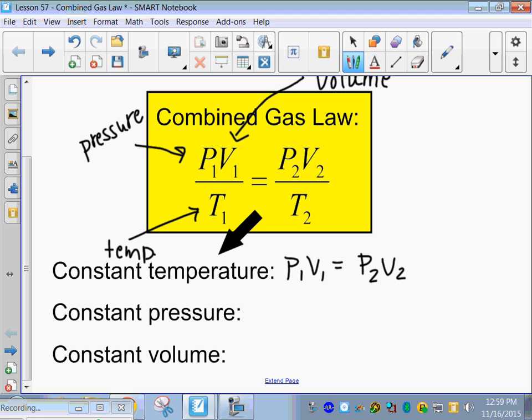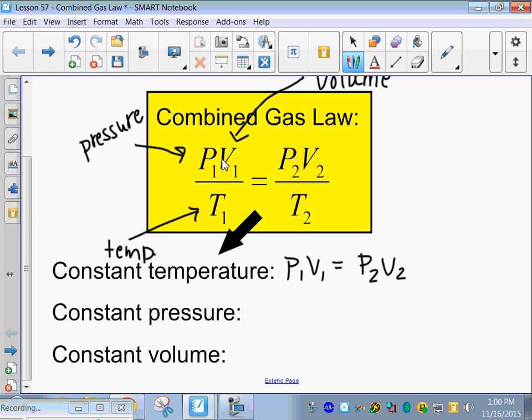The reason for that is if I were to just plug in the same temperature, they would just cancel out. So like if I had over 2 and over 2, if I multiplied both sides by 2, they would just go away. So we don't even have to put it in there. If you forget to do this and you do put it in there, you'll get the same answer. This just makes solving a little bit easier.